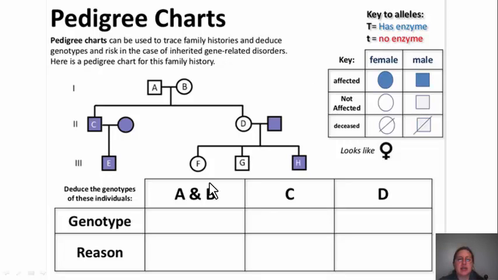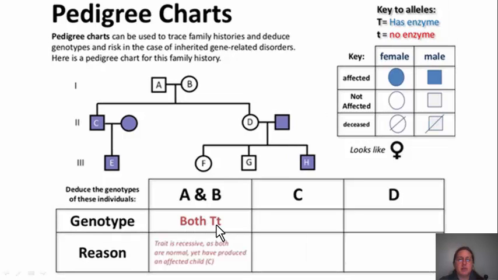So we would say that A and B are both big T, little t. The trait is recessive, and since both of the parents are normal, they have produced a child with the affected issue, which is having no enzyme. So they have to be big T, little t, so that they can both give a little t.